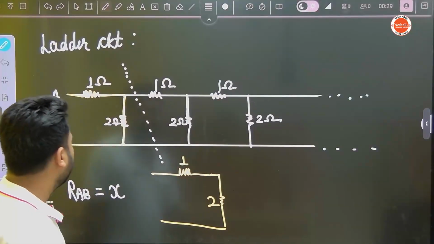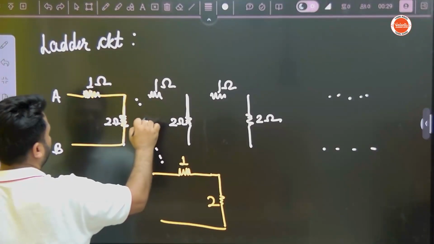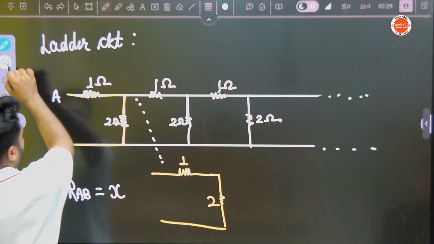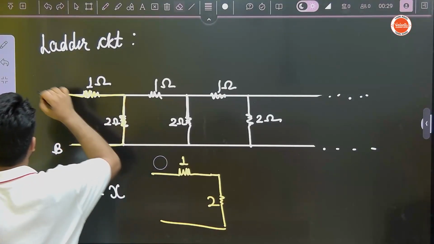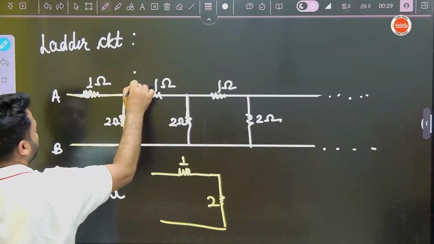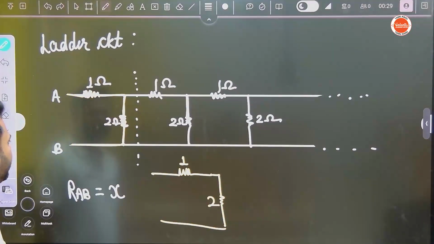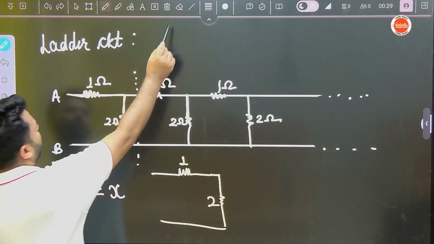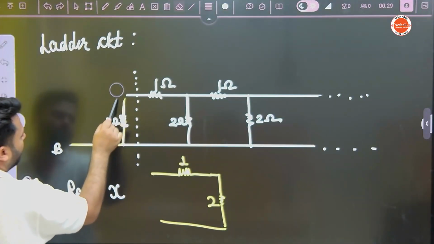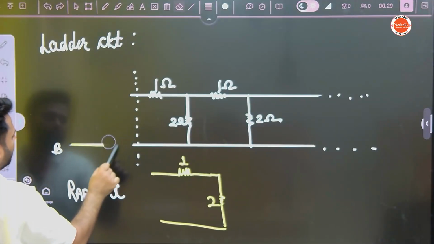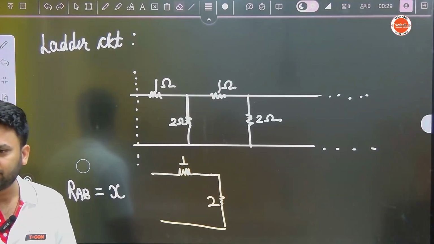Okay. Like this or like whatever. I am just saying you can separate. What I am saying, if I remove this, suppose, then there will be no change.